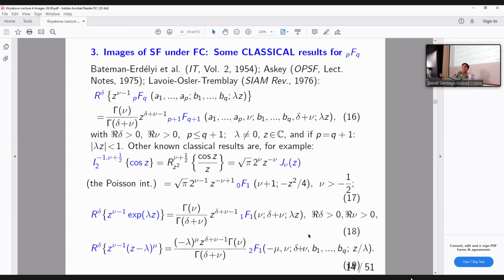It is a very important result, and we always use it in our approach. And some other examples were also known in the literature.